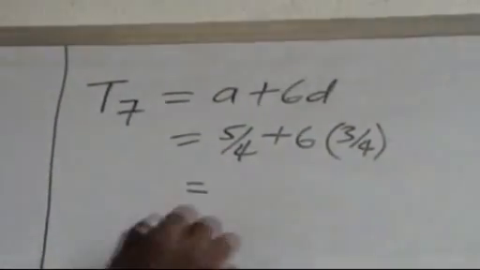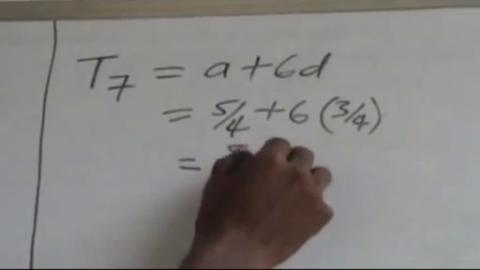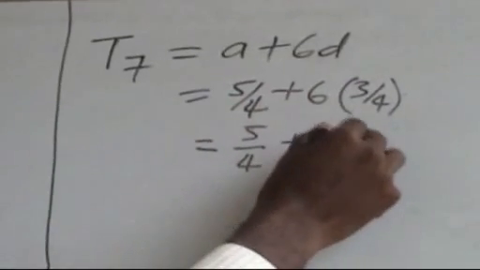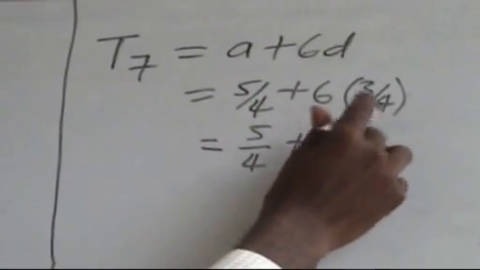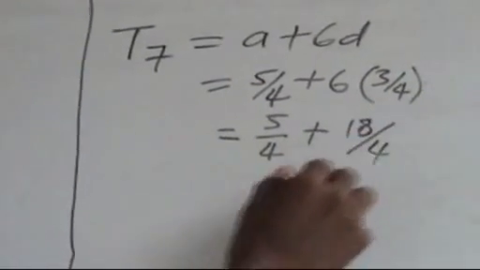So we have this equal to 5 over 4 plus 6 times 3, which is 18. We'll divide by 4.